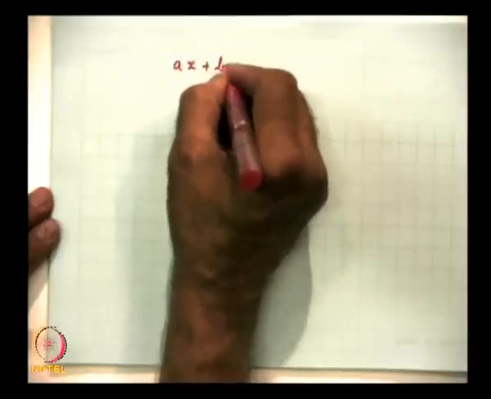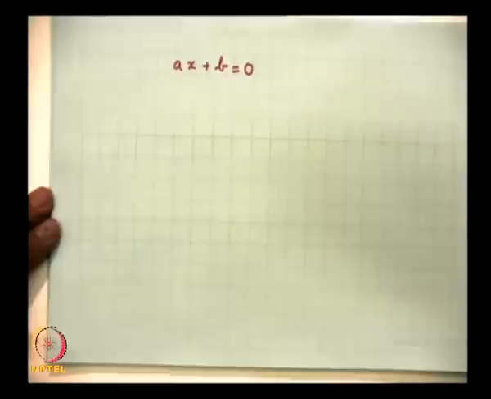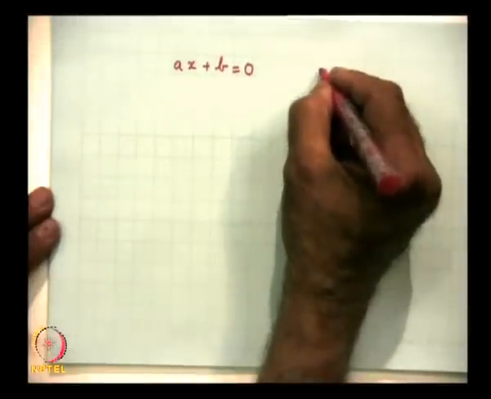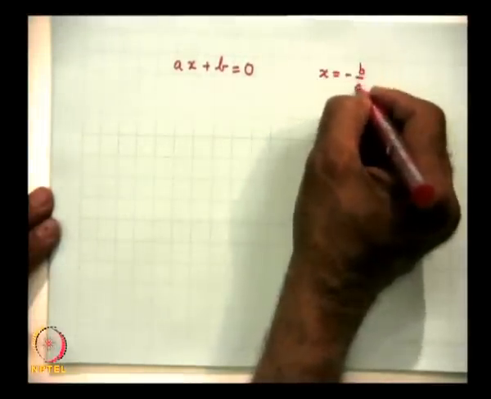I am sure most of you know this, but if I have an equation like this, say ax plus b is equal to 0, then this equation is satisfied only at x is equal to minus b by a.